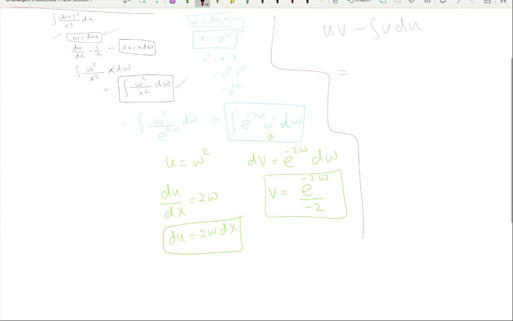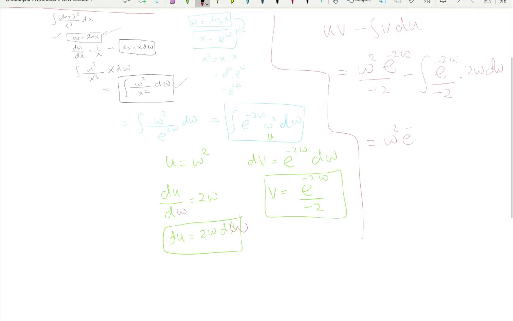So what is u? u is w square. What is v? e to the negative 2w over negative 2. Minus v, which is e to the negative 2w over negative 2. du is 2w dw.